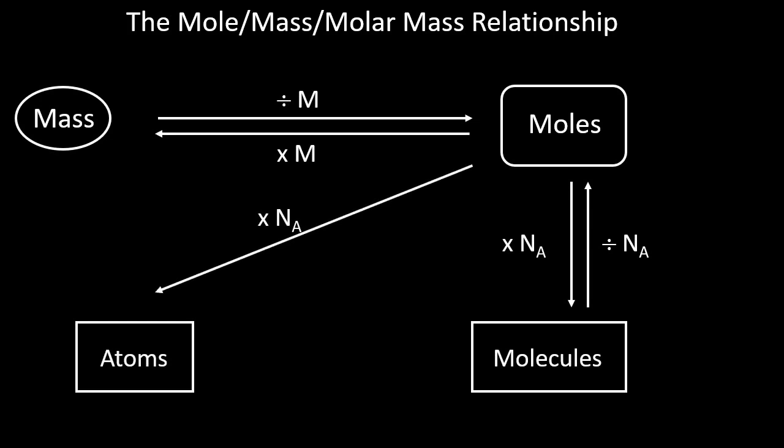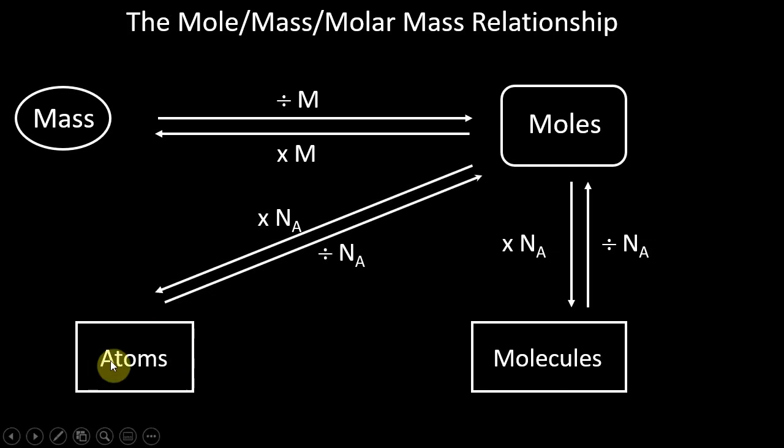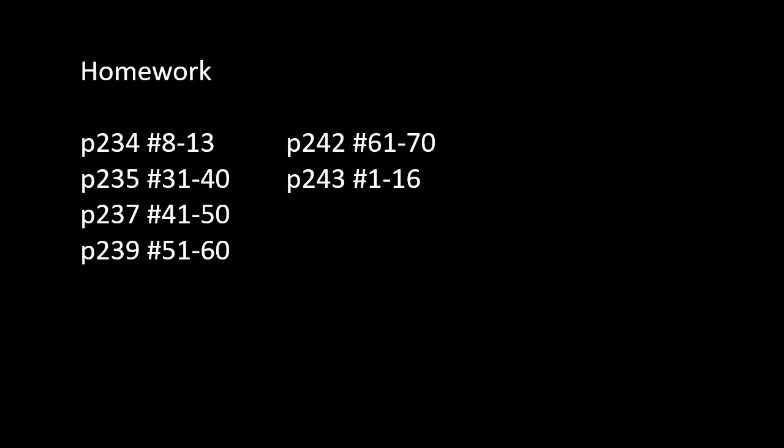If we go moles to atoms or atoms to moles, we use Avogadro's number again. Remember, Avogadro's number has to do with particles. Those particles could be either atoms or molecules, depending on what you're talking about. Last thing then is that if you're going from molecules to atoms or atoms to molecules, then you just count.